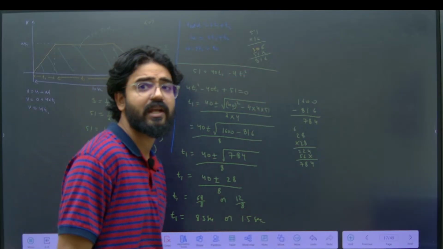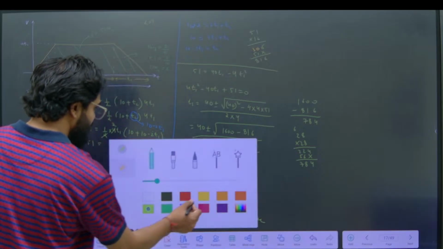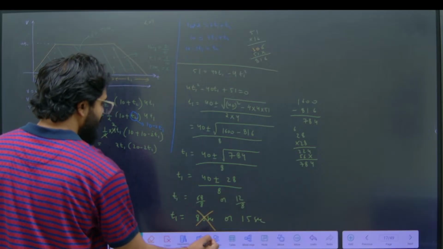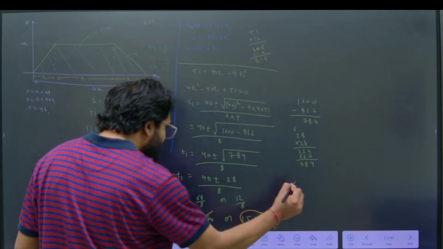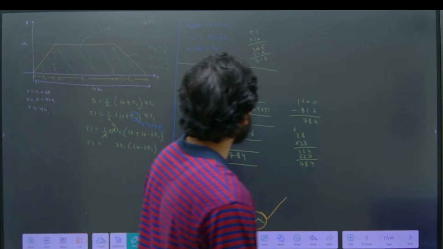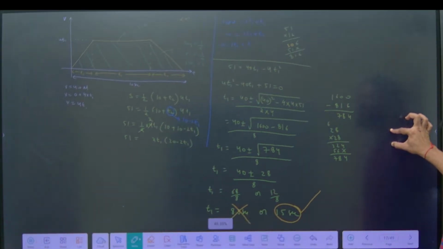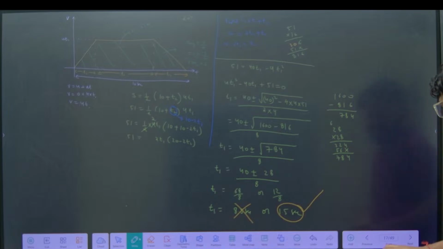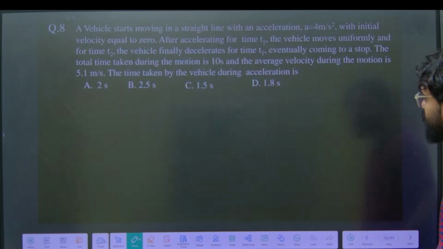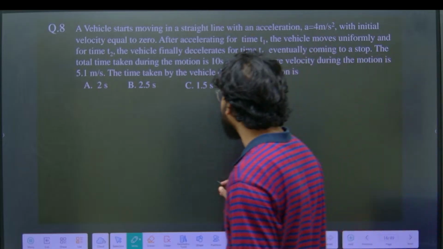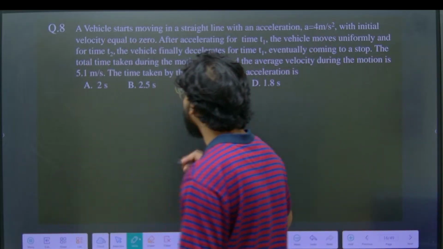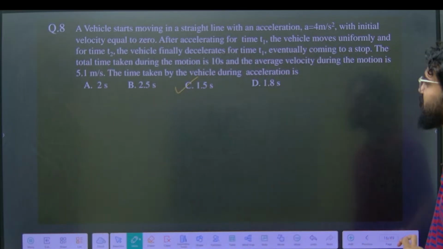T2 cannot be negative. So that's why one answer will be cancelled and this one will be accepted. Guys, please have a look. Little lengthy question. I hate you.